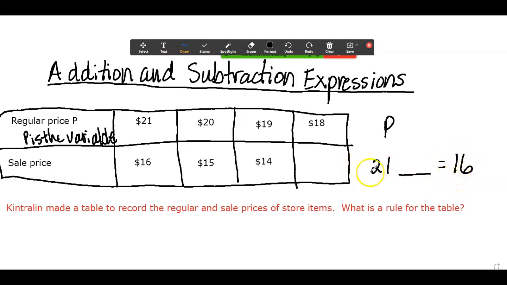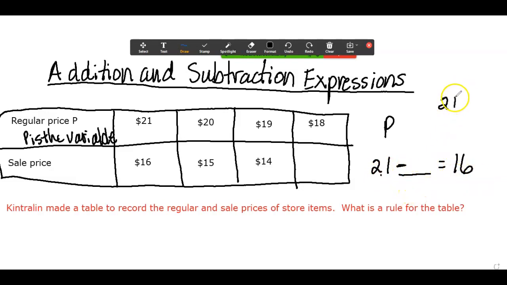If I'm looking at 21 and 16, I'm going down, right? Plus, with our talk of regular price and sale price, the sale price is usually less than the regular price. So I'm assuming I'm subtracting, because if I'm going down from 21 to 16, I have to subtract, or possibly divide.